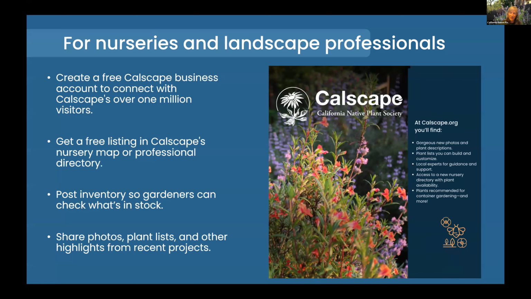When we did a webinar introducing new features for nurseries a couple months ago, we got a very high percentage of nurseries that find how we've designed it much easier to use than the last Calscape and are more likely to post their inventory. So we think we're going to really improve inventory availability.